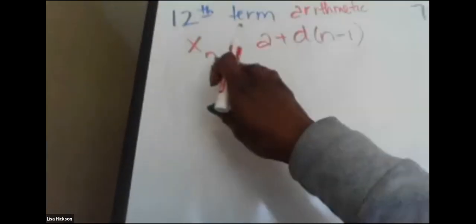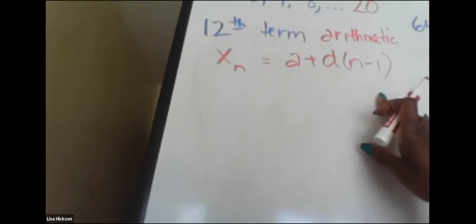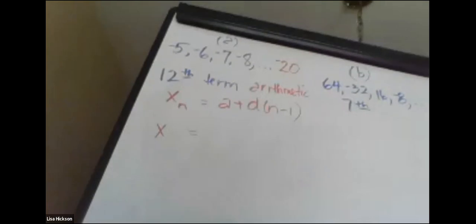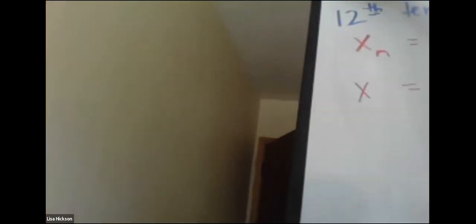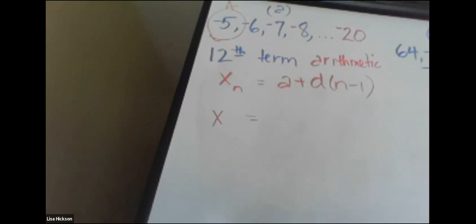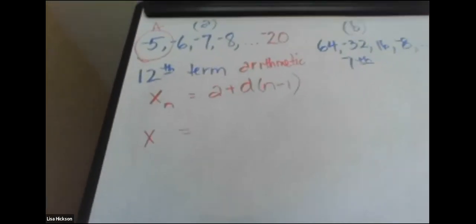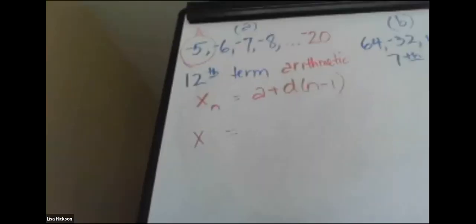Okay, so if this is our formula for finding terms in an arithmetic sequence, now we're going to put in what we know. Remember, this is A. A is the first term. What is the difference? How is it moving? We started with -5. We did something and then we got -6. How is it moving? -1, right.